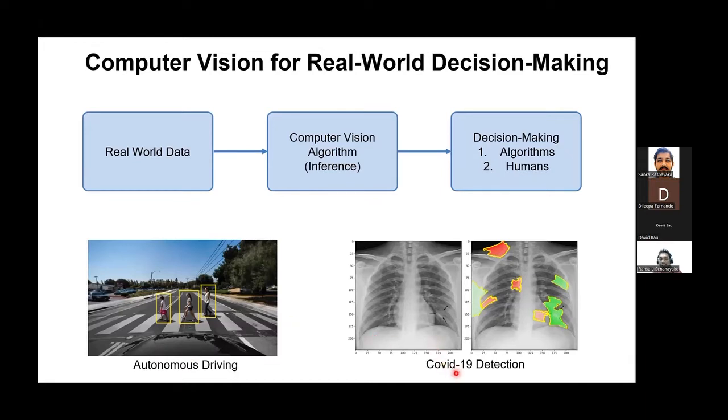For instance, this is one of the works I found on the internet. So this is COVID-19 detection using X-ray images. I apologize, I forgot to put the reference here.